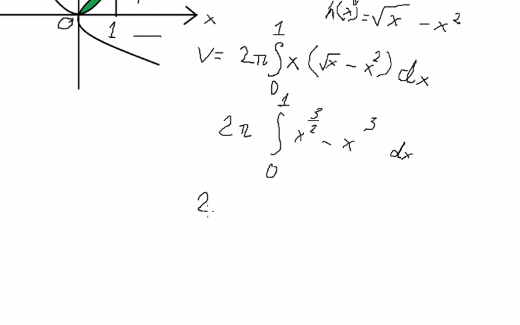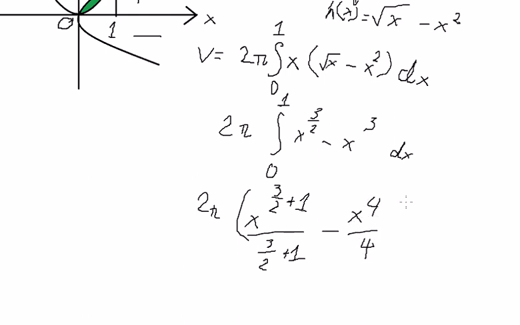So you get 2π, this one you get x to the power of 3 over 2 plus 1 over 3 over 2 plus 1, and this one you get x to the power of 4 over 4. And we put the limits in here from 0 to 1. We put 1 in here and we can get the final answer.